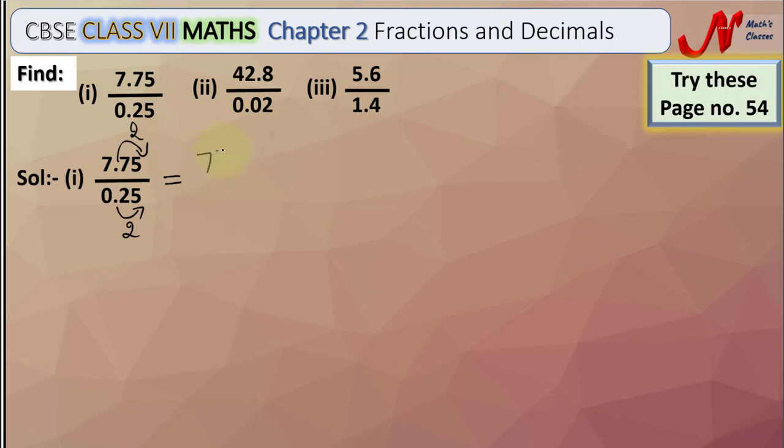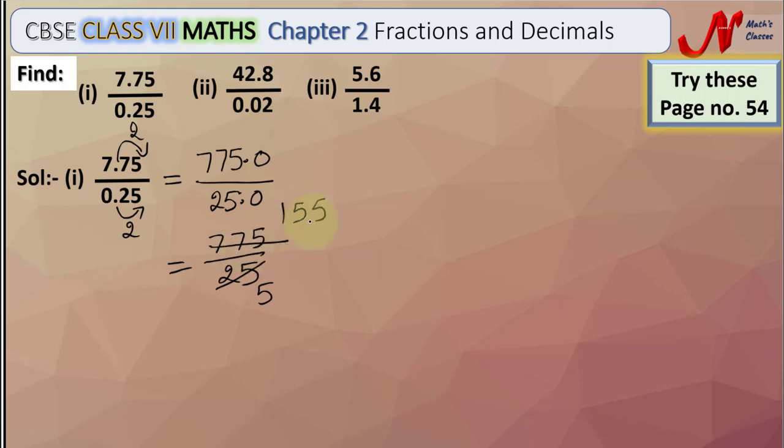So it can be written as 775.0 divided by 25.0, which is 775 divided by 25. By cancelling: 5 fives are 25, 5 ones are 5, 2 remaining, 5 fives are 25, 2 remaining, 5 fives are 25. Again cancel: 5 ones are 5, 5 threes are 15, 5 ones are 5. So we can write it as 31 by 1, which is equal to 31.